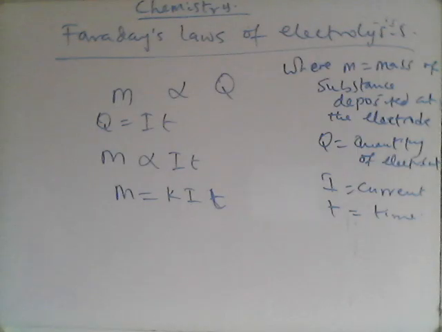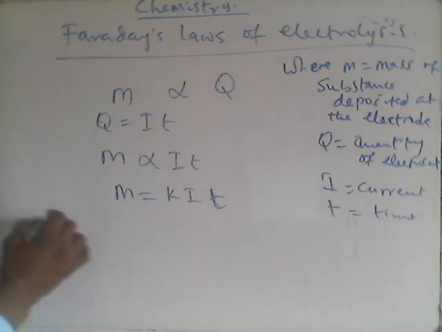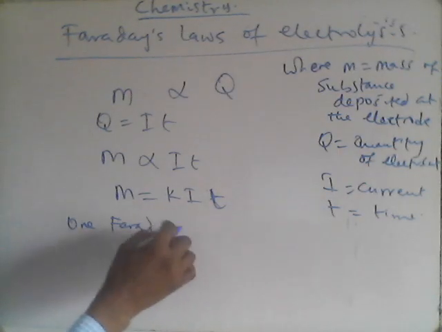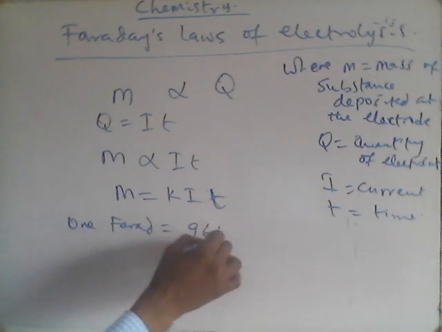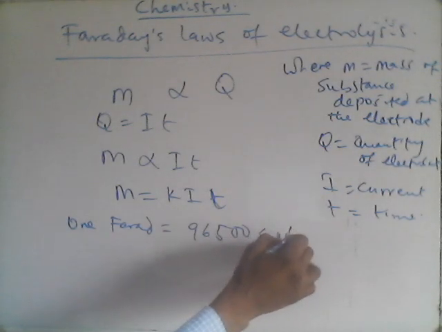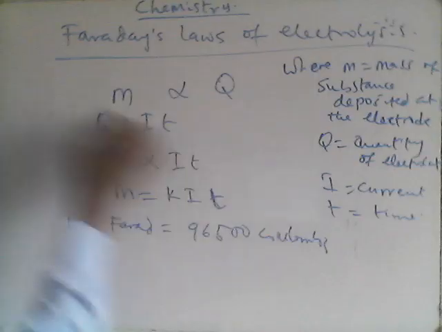Okay, so 1 faraday is equivalent to 96500 coulombs. This is just the first law.